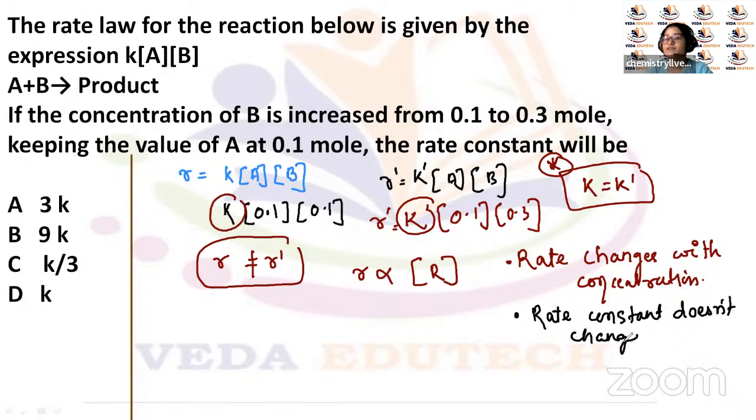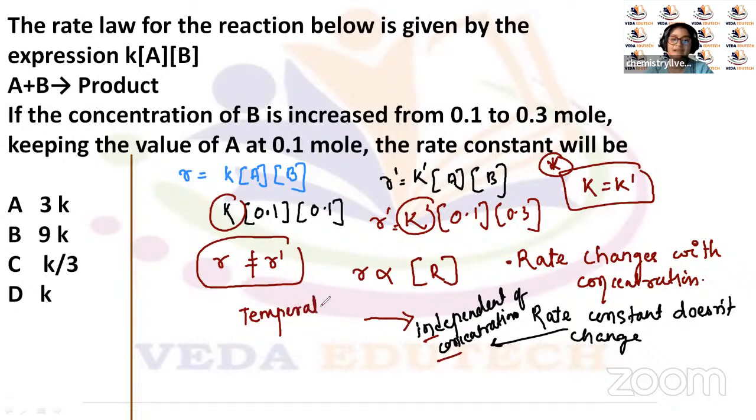Rate constant is independent of concentration. Then what is it dependent on, children? If it is independent of concentration, then it depends upon certain other things.